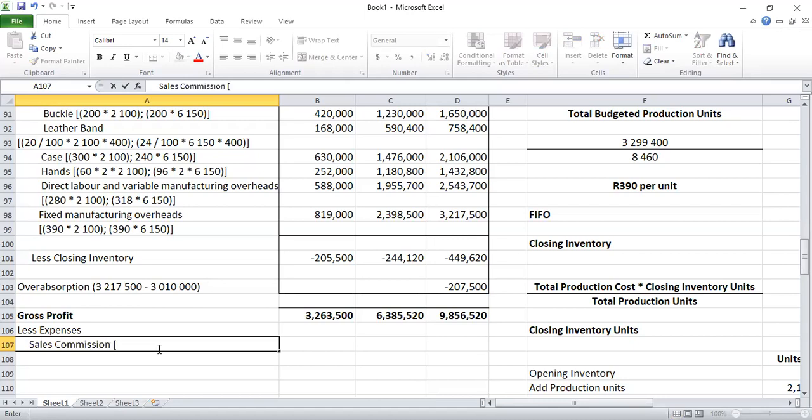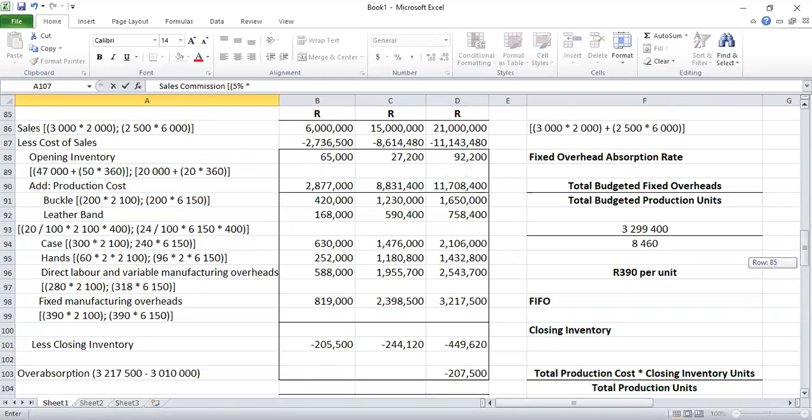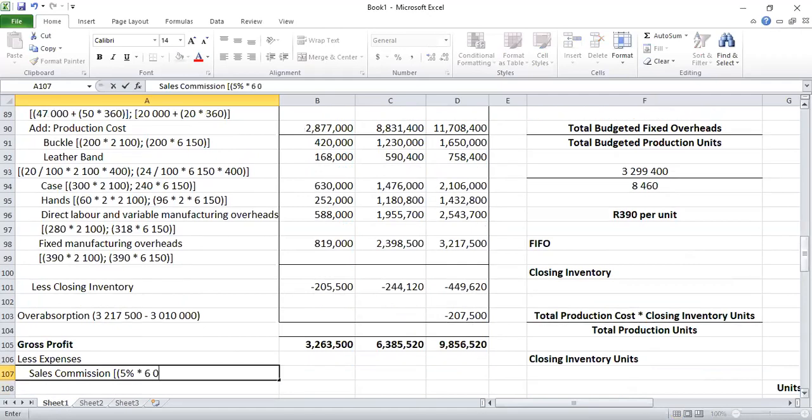Right, note that the sales commission, you use the sales units, so it's on sales, 6 million and 15 million. The sales commission is based on the sales. So even if they give you per unit, please note that you calculate on the number of units sold, not on the number of units produced, because this is a selling expense.